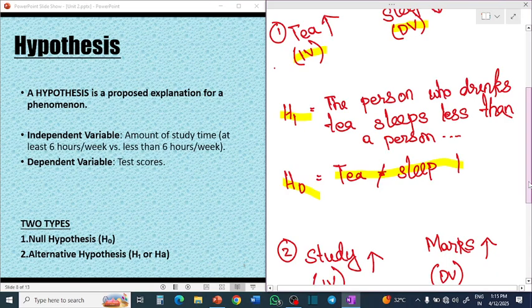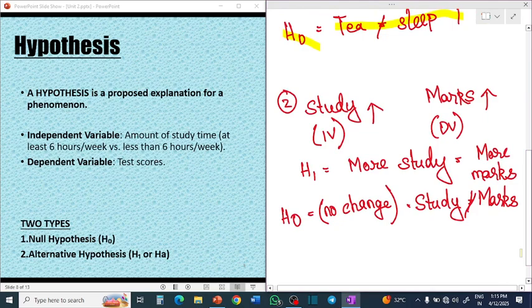Let's understand this with another example. In this example, we have taken that the more a student studies, the more will be the marks. So study will become our independent variable and marks will be our dependent variable. So alternative hypothesis will be what? It will show the change.